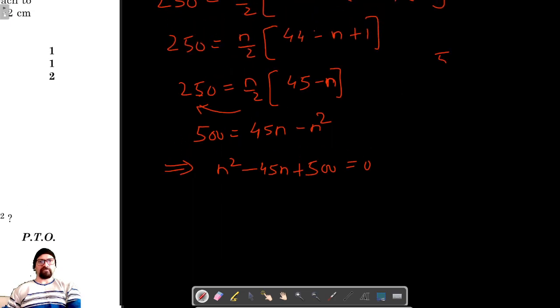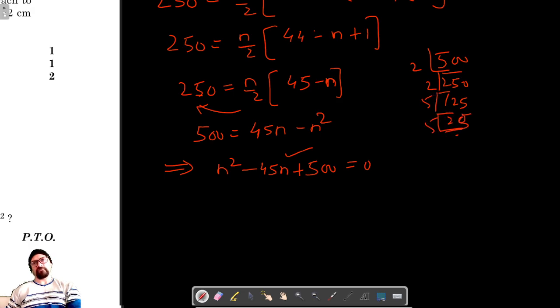Now let's factorize 500 and solve this quadratic equation. The factors are 20 and 25.